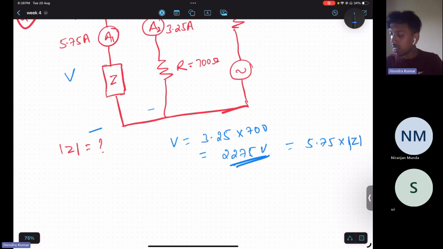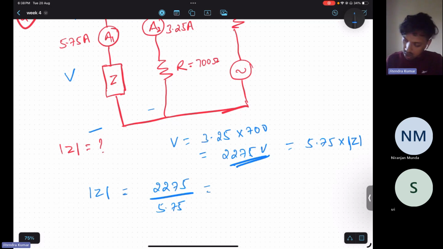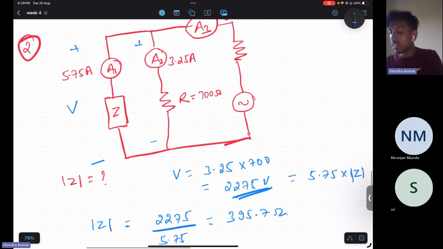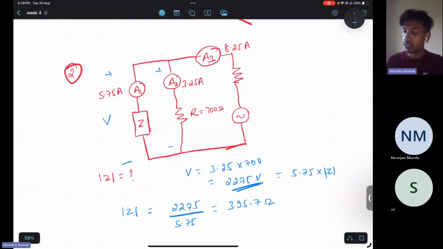Now the amplitude of impedance is 2275 divided by 5.75, which is equal to 395.7. We don't know yet about the character of Z, whether it is resistive, reactive, or a combination of both.